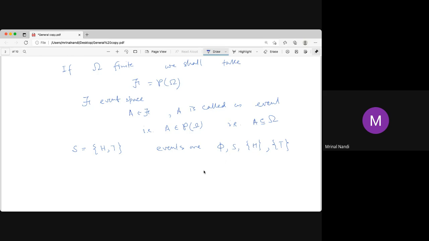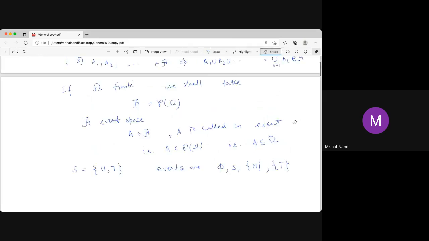Because we have to find the probability of some events, that is a subset, not an element. We can't talk about the probability of an element. So head, tail are elements. These sets are subsets, the set containing head. So that notation must use the curly brackets. Now, if I say this power set is the event space, that means any subset is an event.